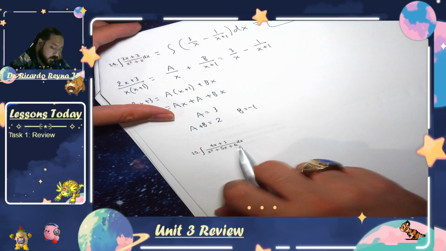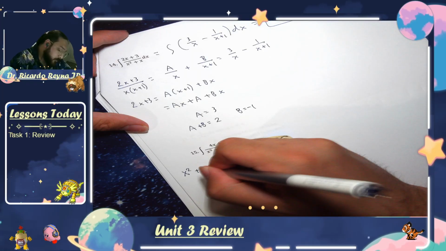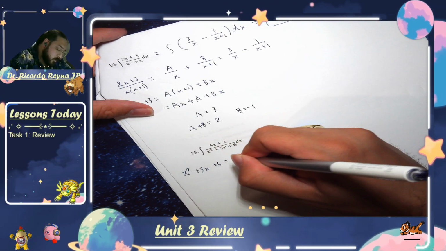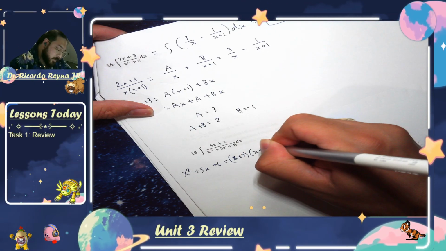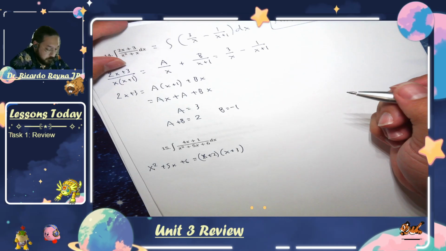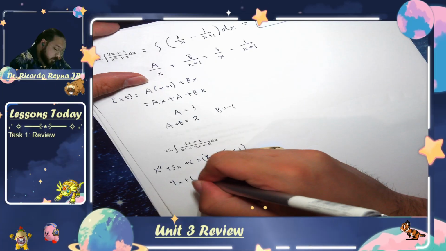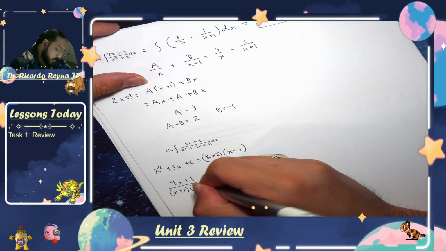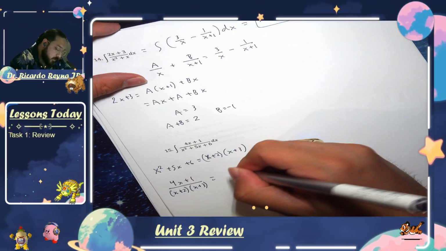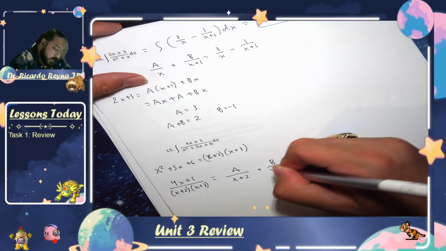Here, somehow you will see that the bottom part is factorable into x plus 2, x plus 3. So that means (4x plus 1) over (x plus 2)(x plus 3) can be rewritten as two linear factors, a over x plus 2 plus b over x plus 3.